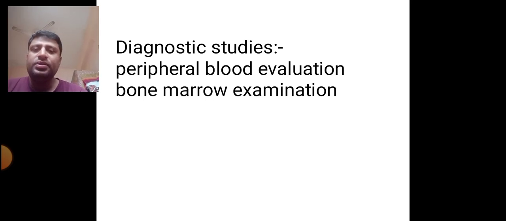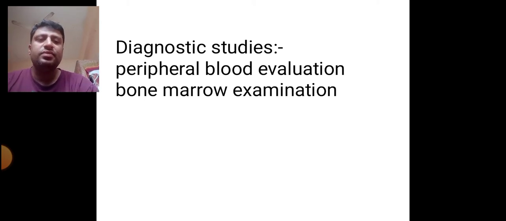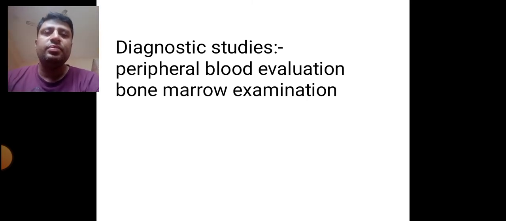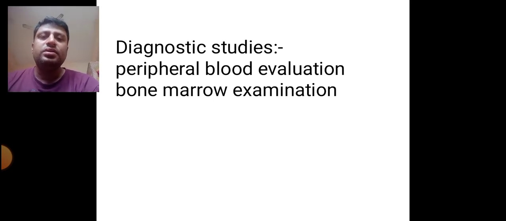Next type is chronic lymphocytic leukemia. The diagnostic findings include mild anemia and thrombocytopenia with disease progress. Total WBC count will be more than 1 lakh. Increase in peripheral lymphocytes, increase in the presence of lymphocytes in the bone marrow.